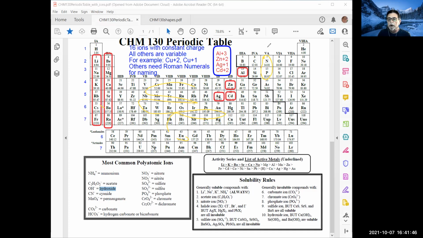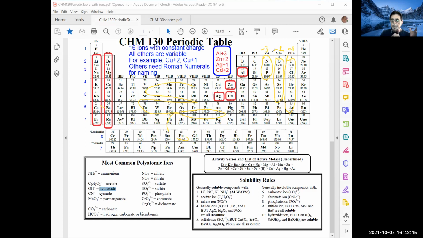Well, I'll tell you what. Nitrogen and phosphorus always will have a -3. And then everybody in group 6 always will have a -2, always 100% of the time. Then all the halogens always have a -1. And so you know here, 1, 2, 3, 4, 5, 6, 7, 8, 9, 10, 11 anions that you know 100% of the time their respective oxidation number, okay?